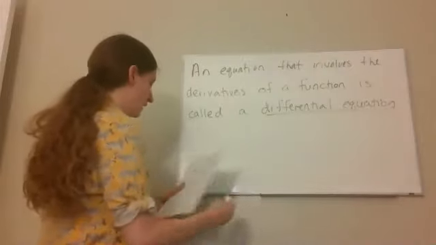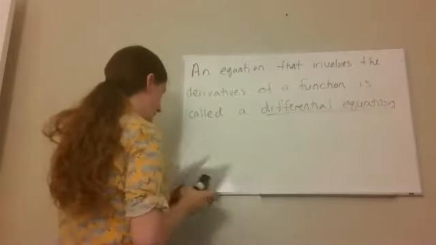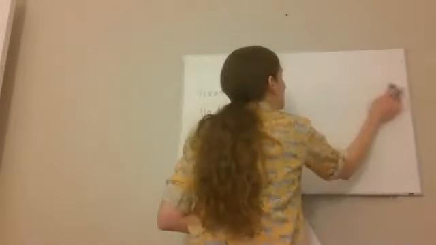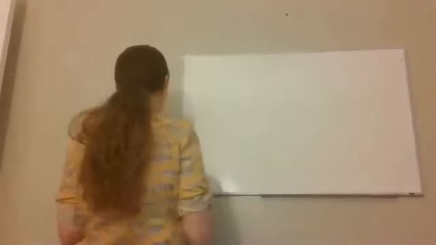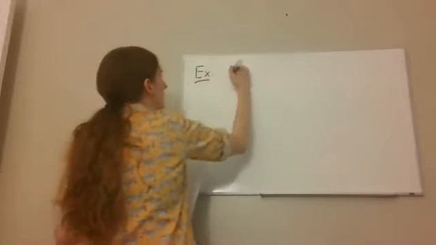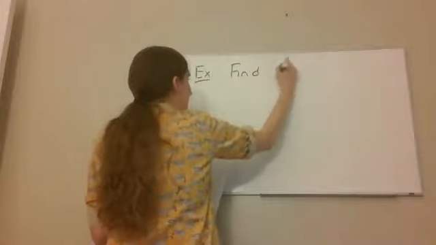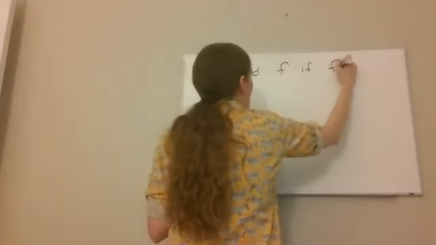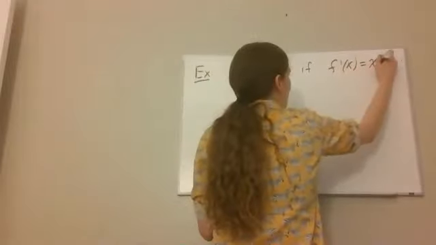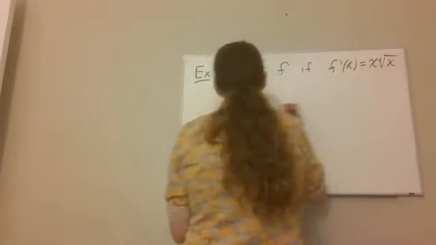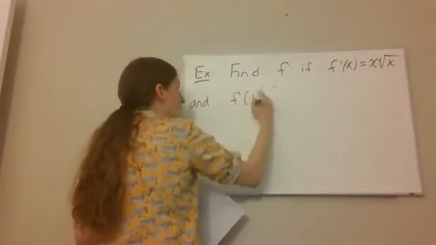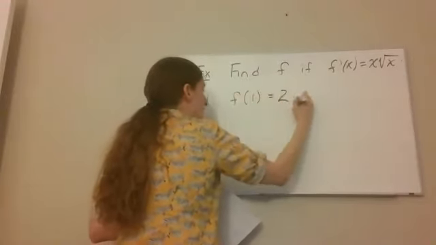So let's do a differential equation problem. Find f if f prime is equal to x times the square root of x, and f of 1 equals 2.